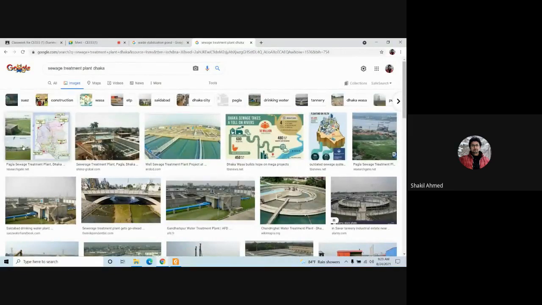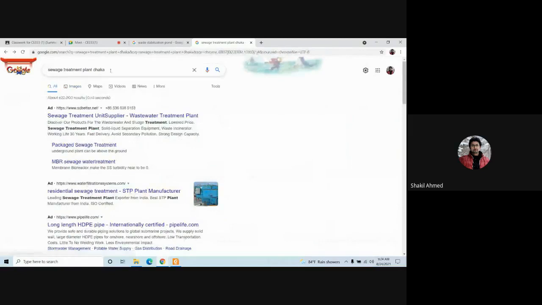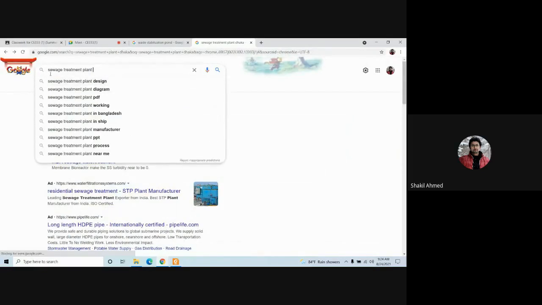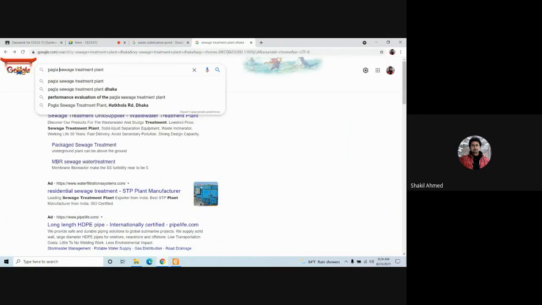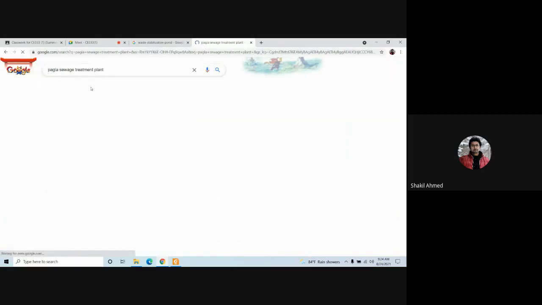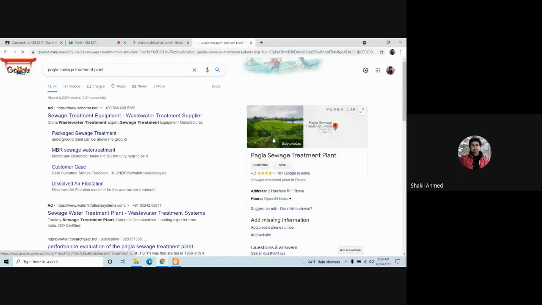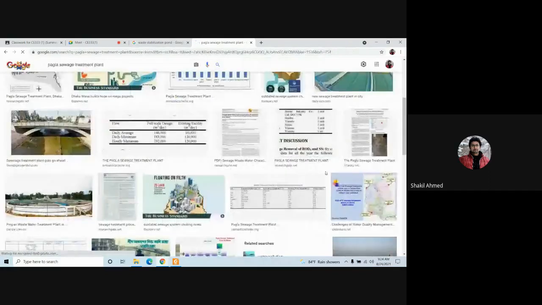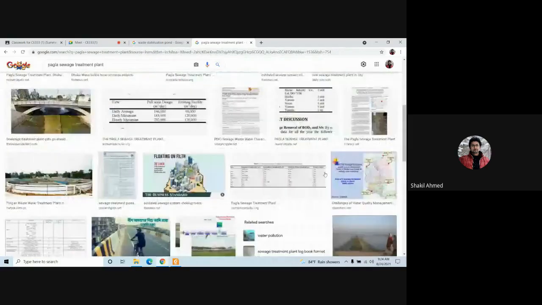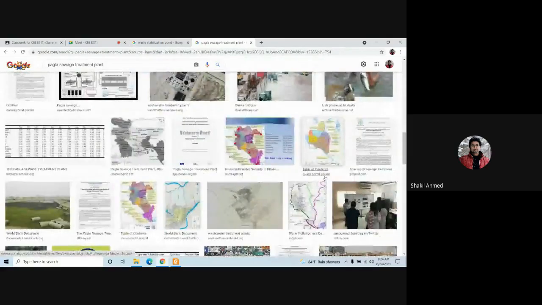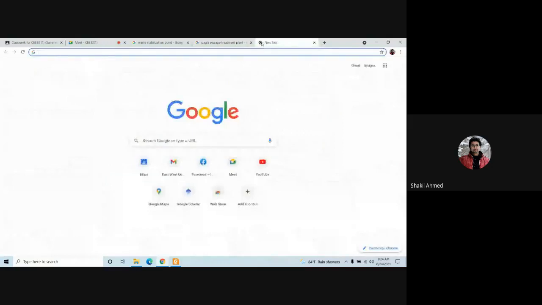In Bangladesh, we have the Pagla sewage treatment plant. Let's go to the map.